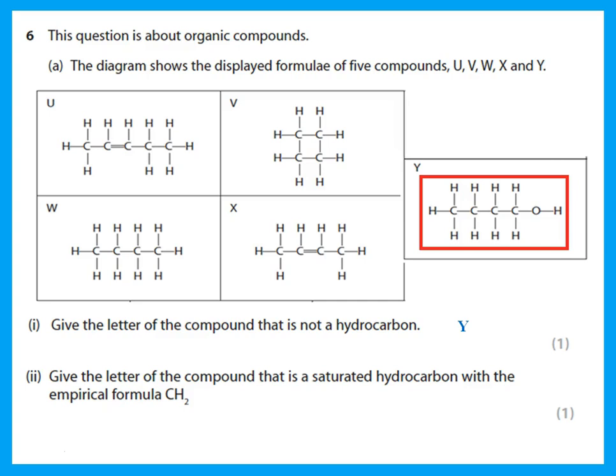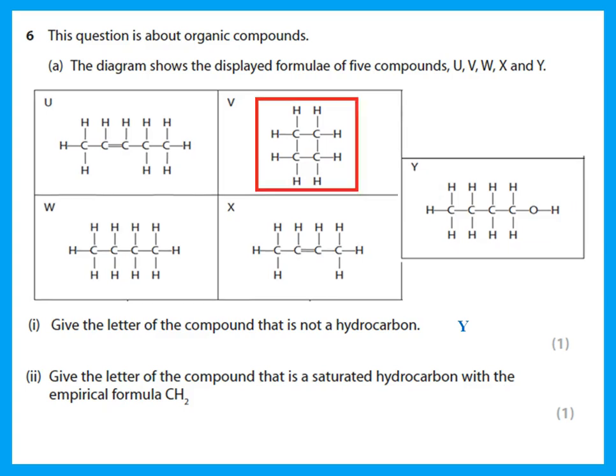So he wants something that is saturated. Remember, saturated means no double bond. So you cannot say U or X. At the same time, I want it with empirical formula CH2 or the general formula CnH2n. So that would be the cyclic alkane, which is V.